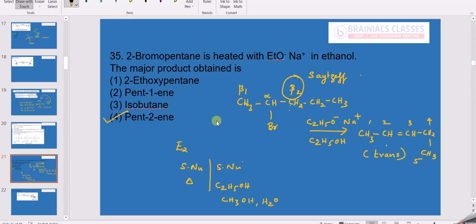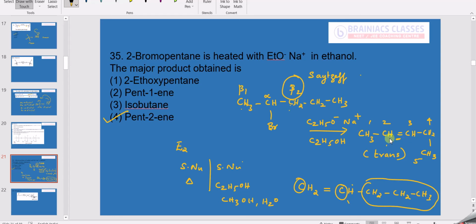Most students will have a doubt here, sir. Why not beta 1? If you remove hydrogen from beta 1, what product will you get? CH2 double bond CH, CH2, CH2, CH3. Now if you look here, this carbon atom has 2 hydrogen atoms. This carbon atom has 1 hydrogen and the other hydrogen is replaced by this group. As per Zaitsev rule, the most substituted alkene will be formed.